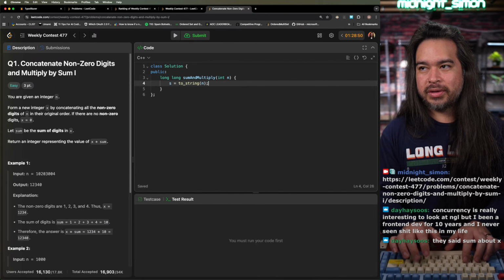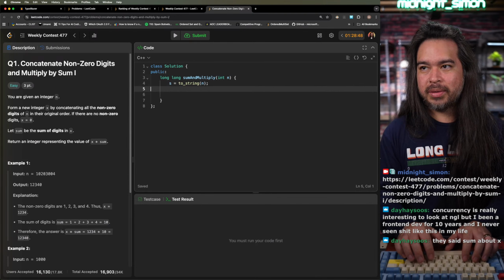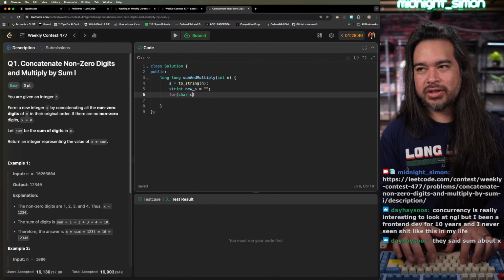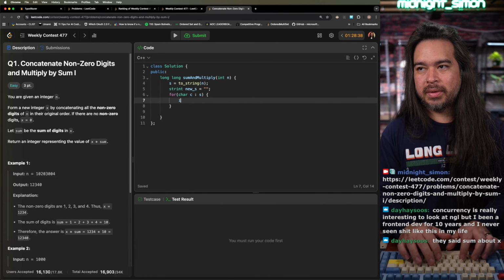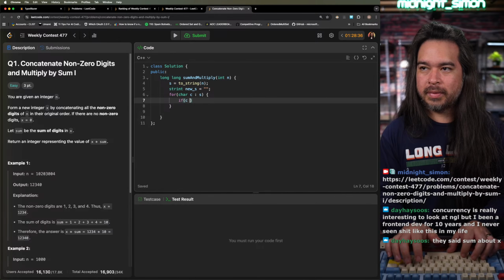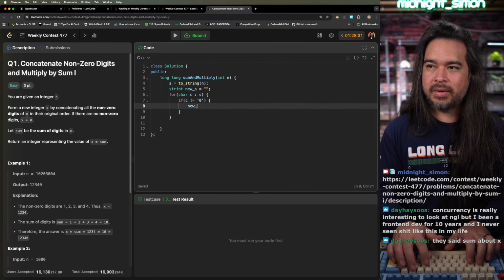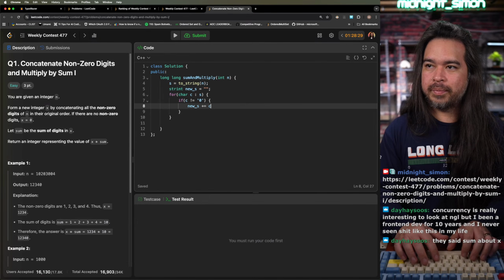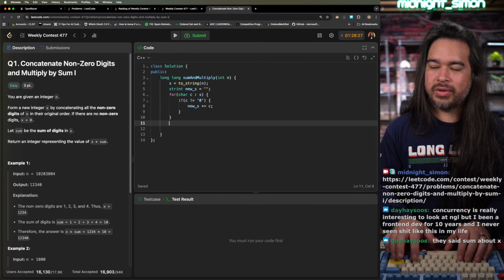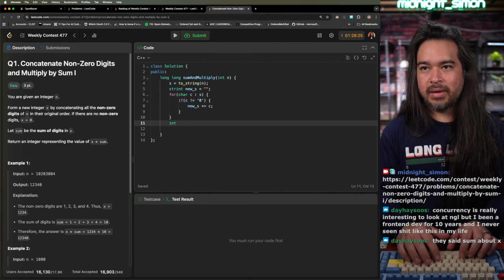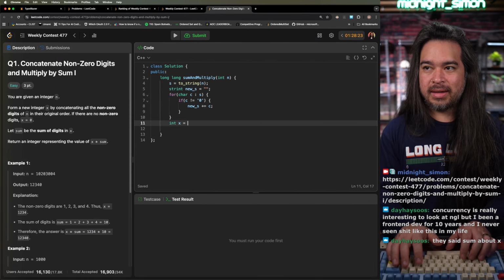I'm just gonna turn it to a string. This is like cheating a little bit. So if it's not equal to a 0, we add it to that new string, and so this is x, they say.